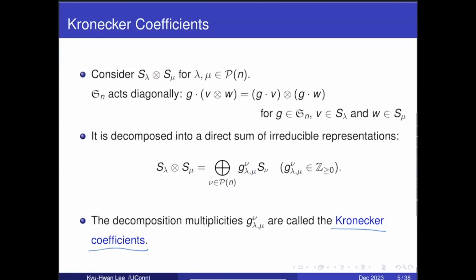As you can see, every construction is very standard and basic. If you have two irreducible representations, then it's natural to consider the tensor product in many cases and for many reasons. And Kronecker coefficients are nothing but the decomposition multiplicities. It's like taking the product of two primes, or combining two elementary things.